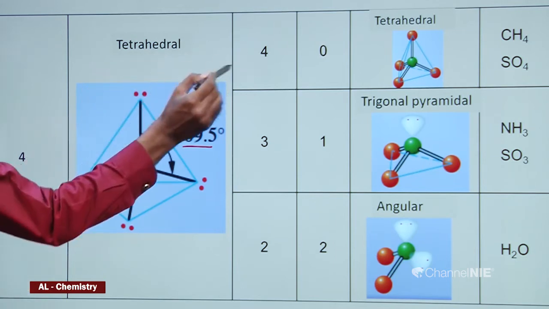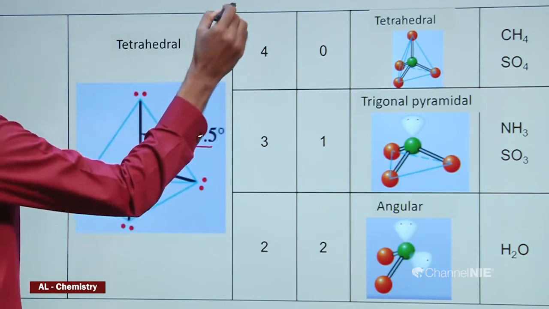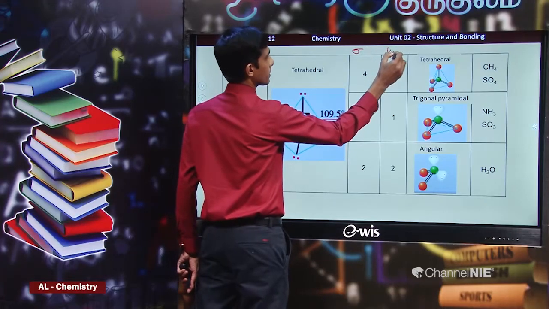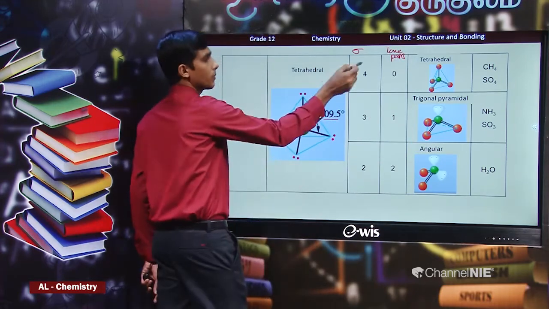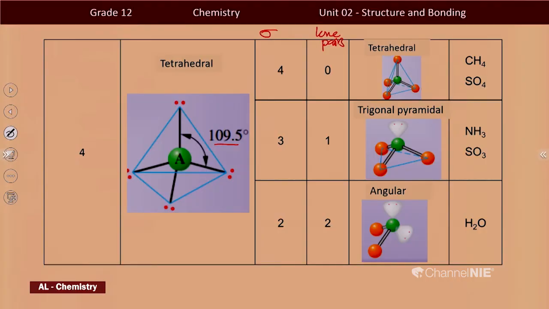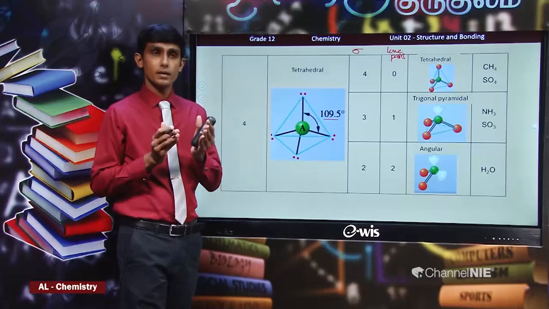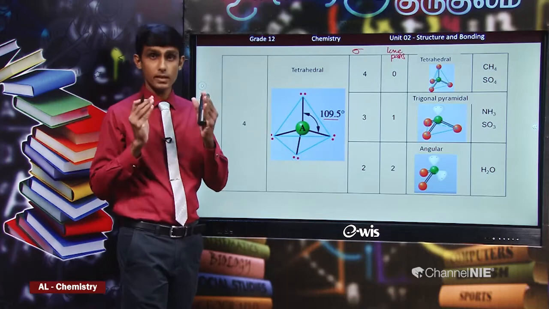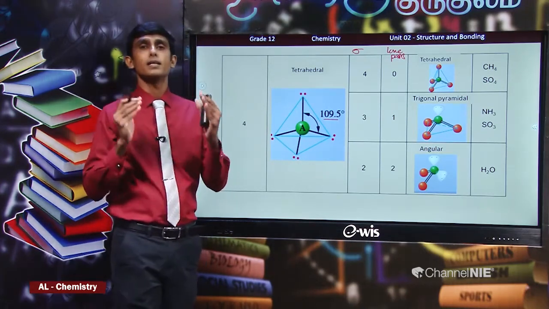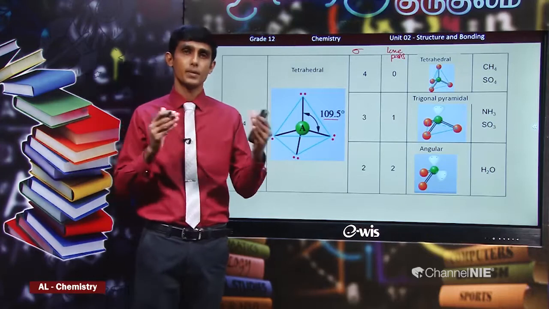Out of these 4 VSEPR pairs, if all 4 are sigma bond pairs, the shape of that species is also tetrahedral. Electron pair geometry and shape are identical if the central atom does not contain lone pairs.